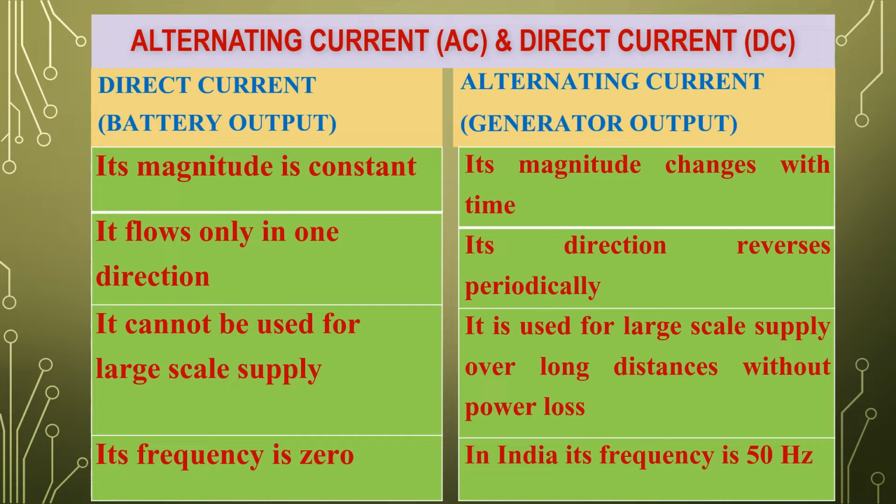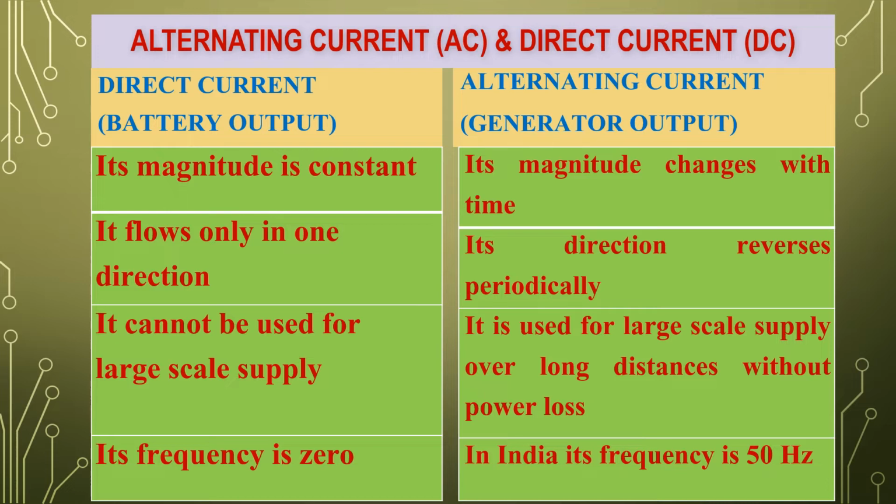Direct current cannot be used for large scale supply. That means for the home supply and all, it cannot be used. Alternating current can be used for large scale supply over long distances, that is from the power station to the industry or to the home. It needs to be carried a long distance, so when carrying it a long distance without power loss, we can transmit it in the case of alternating current.